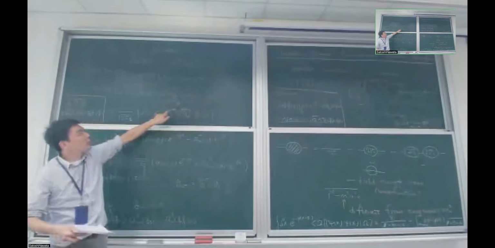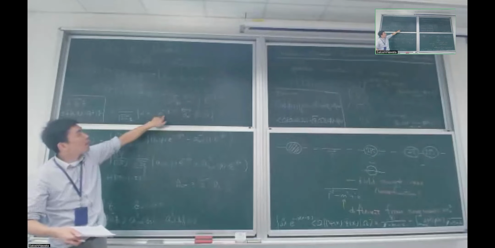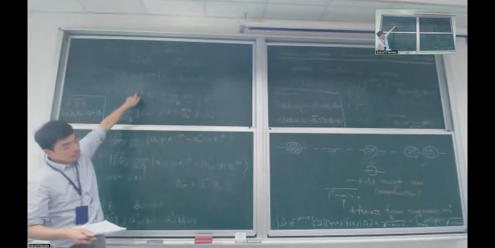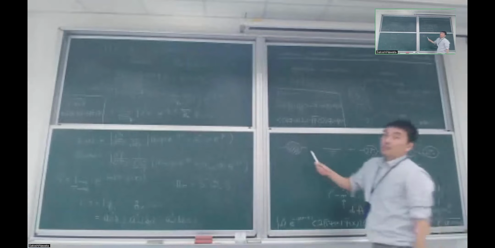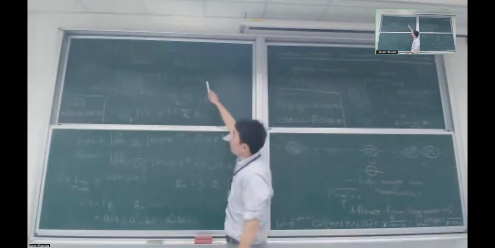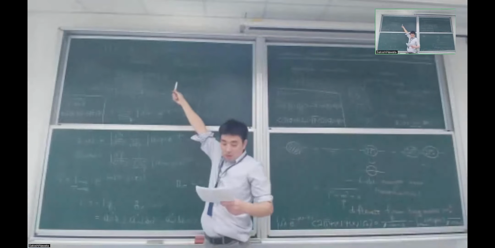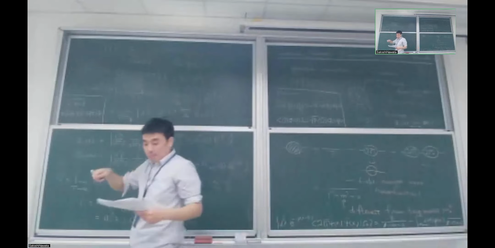The del 0 acts on this e to the momentum x, and this will create the upper E of Q1. That's how you create it. And then just plug that into this amplitude, and we will see what's going to happen.